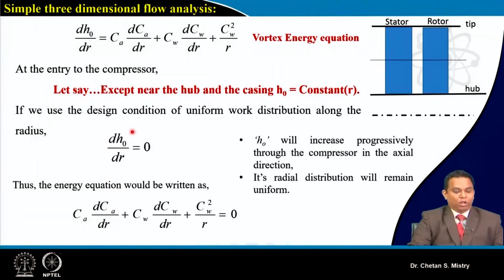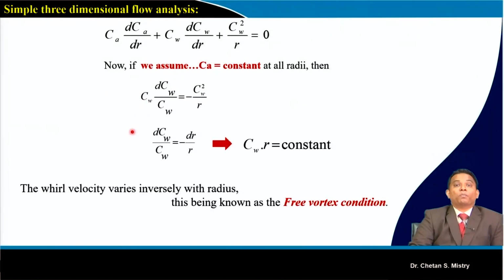Okay, now let's try to simplify more. This is my equation: Ca dCa by dr plus Cw dCw by dr plus Cw square by r equal to 0. Let me assume we know our axial velocity for our analysis and take it to be constant.